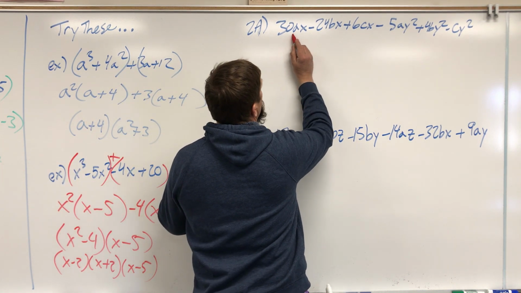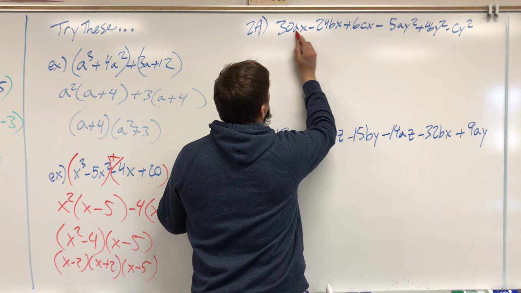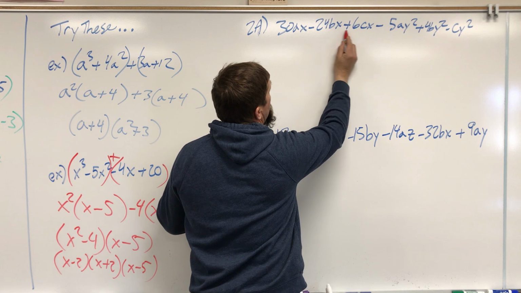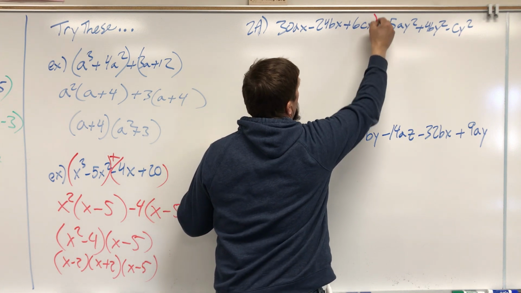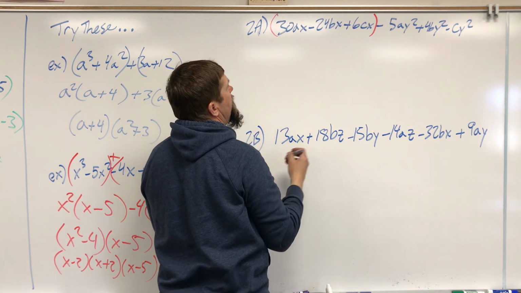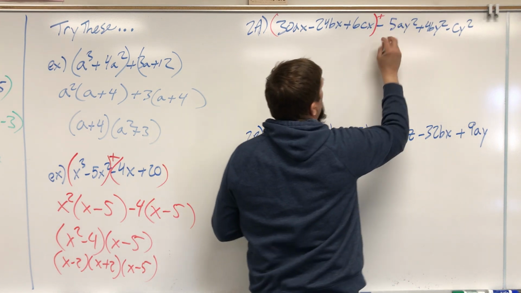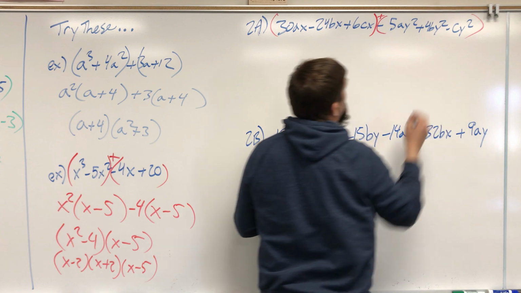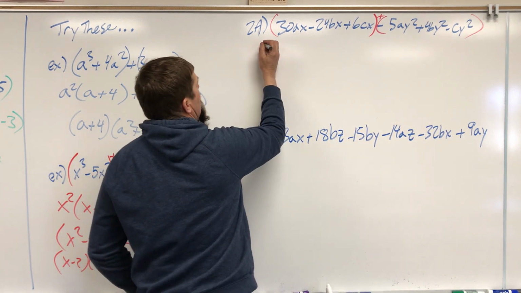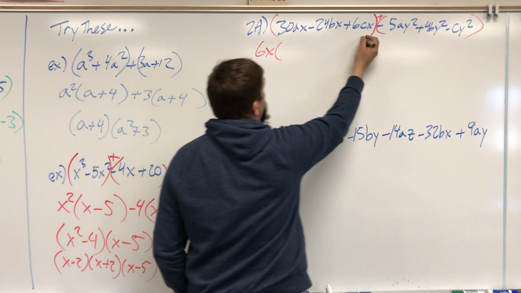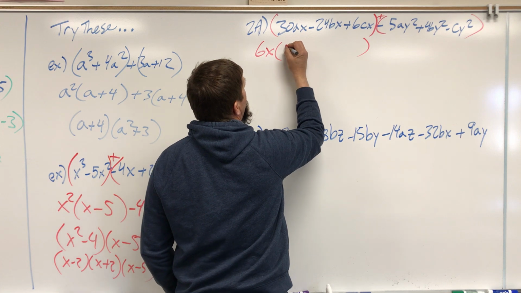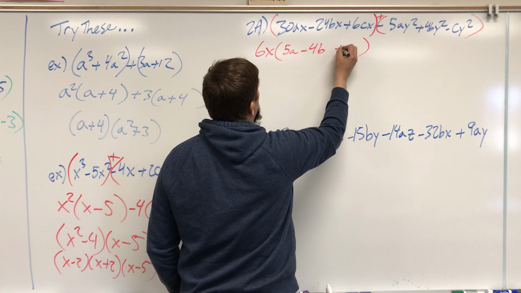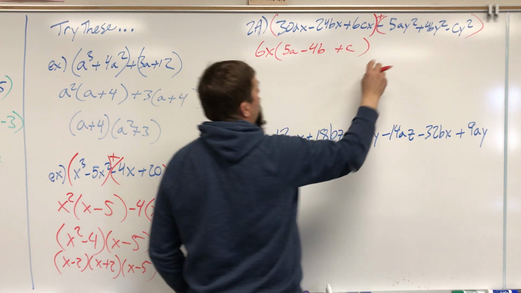But you look at the first two and they have a 6x common, and actually this one does too. So I'm going to go ahead and factor all three of those. And these all have a y squared, so I'm going to factor all three of those. So I'm going to take out a 6x in the first group, leaves me with 5a minus 4b plus c.